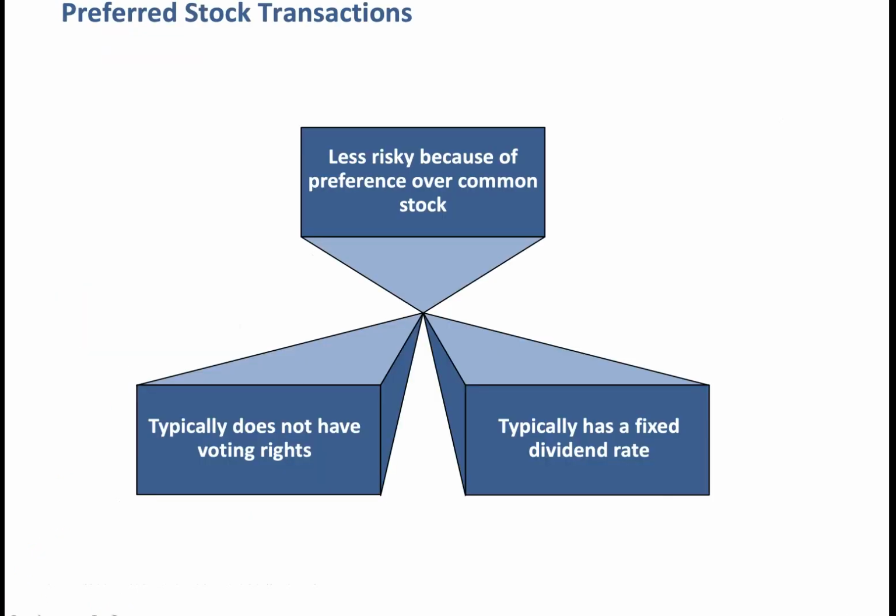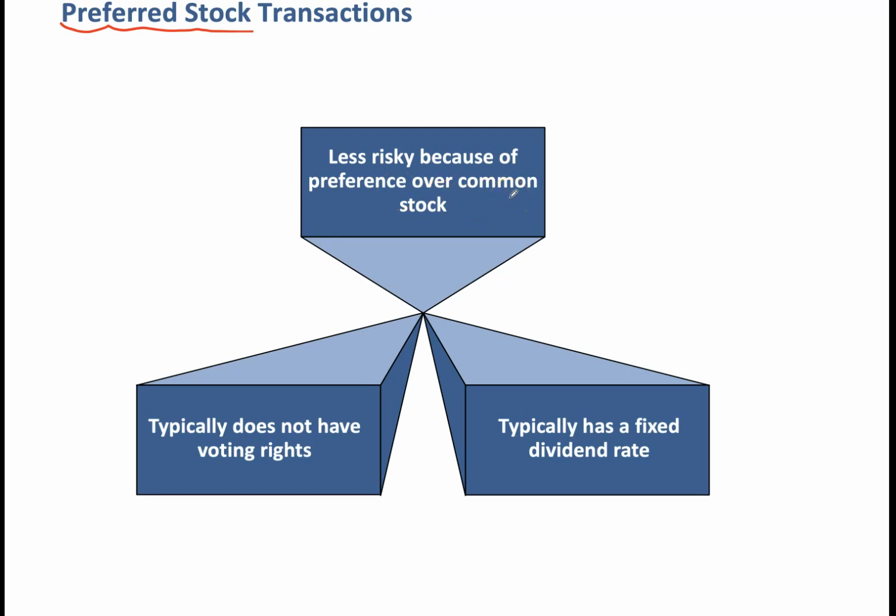Finally, I want to point out there is a type of shareholders who are not common shareholders. These shareholders own something called preferred stock. Preferred stock is between the debt funding and the shareholder funding. Because the preferred stock is typically less risky, they have a preference over the common stock.